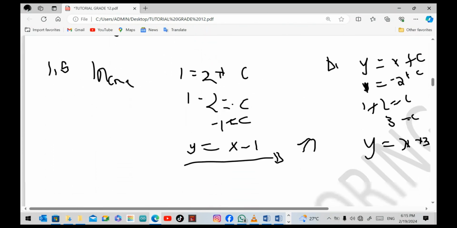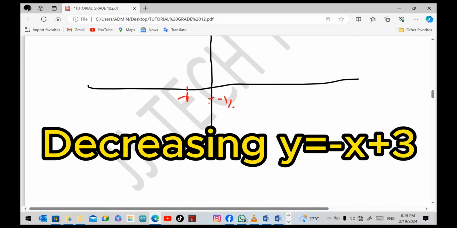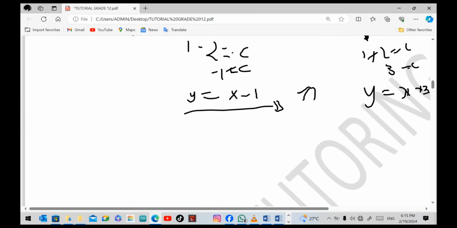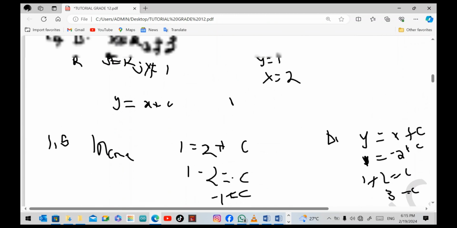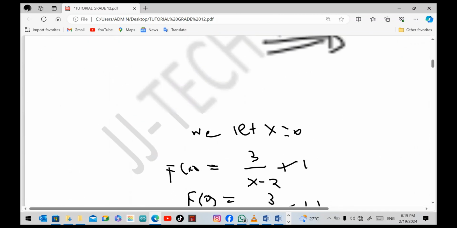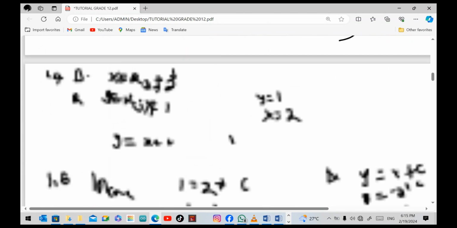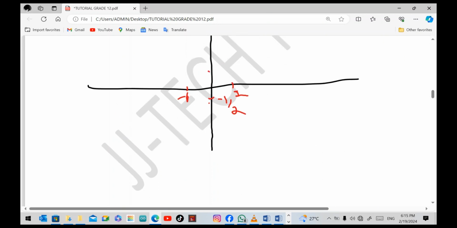Our y is negative 1 over 2, right? What is it that we need to do? We need to find the axis of symmetry and the asymptotes. The asymptotes are 2 and 1. That is 2 here and 1 here, right?